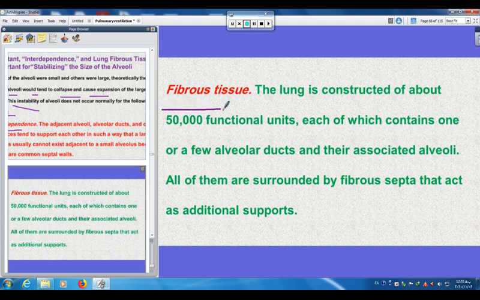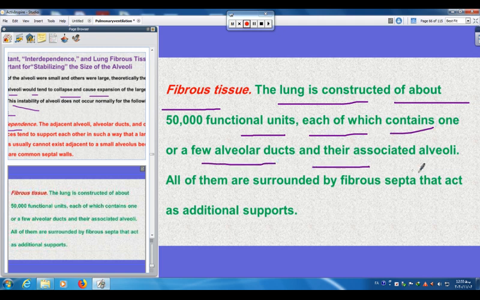Another is the fibrous tissue. The lung is constructed of about 50,000 functional units, each of which contains one or a few alveolar ducts and their associated alveoli. All of them are surrounded by fibrous septa that act as additional supports.